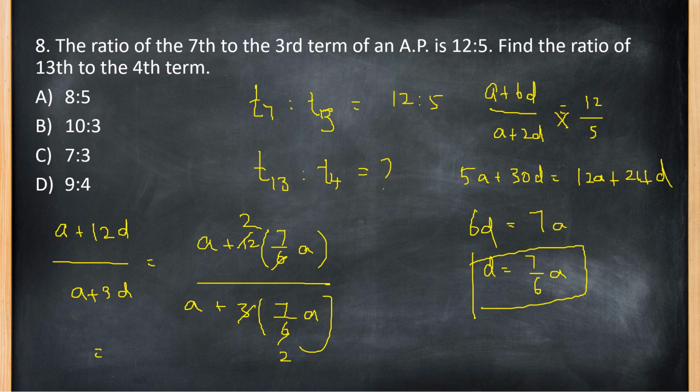So we can take it as a plus 14a, 15a divided by a plus 3.5a. Or you can take it as 2a plus 7a, so 9a, and multiply this by 2. So this is 30 divided by 9, or I can still say 10 by 3. So 10 is to 3 will be your answer choice. So we just found the relation between d and a and we are substituting it to find the ratio.